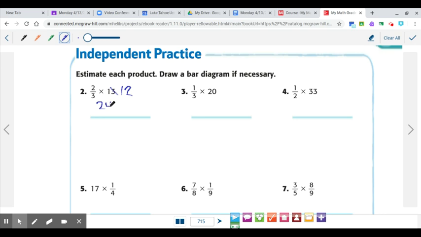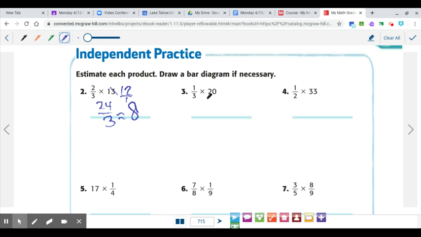And remember that 3, I should have put a 1 underneath here so you guys could have seen it. It's always a 1 hiding, right? 3 times 1 is 3. So now I know 24 divided by 3 is going to be, you still need these estimate lines, because it's not an exact answer, but it's going to be 8. So that one's not too bad, right?